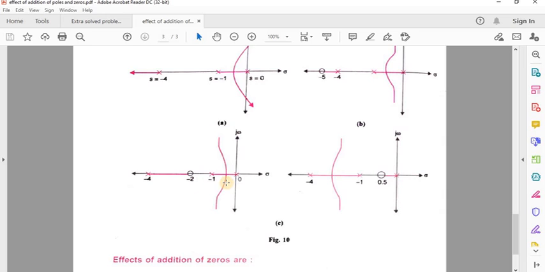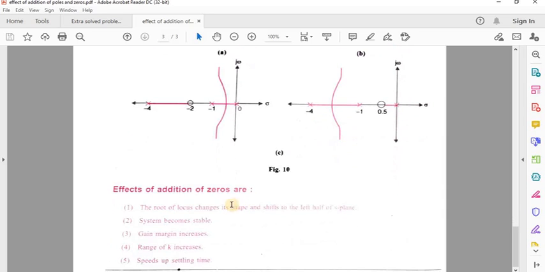It will be away from the complex axis. Next they have added the zero at minus 0.5, okay. So it will make the root locus lie on the real axis, away from the complex axis, okay.